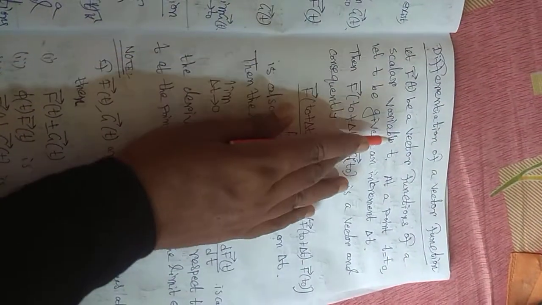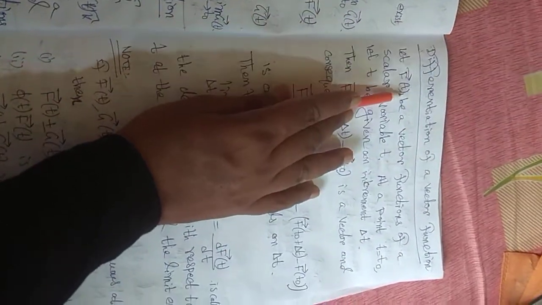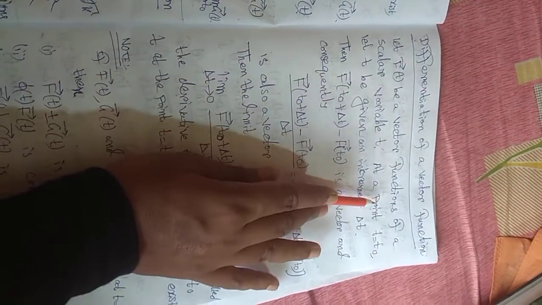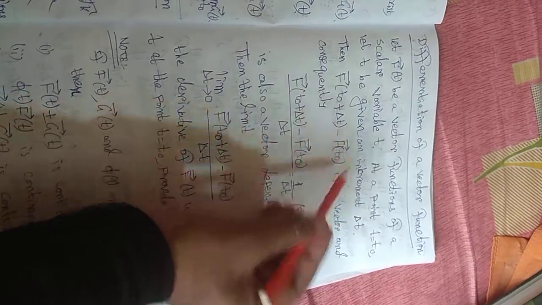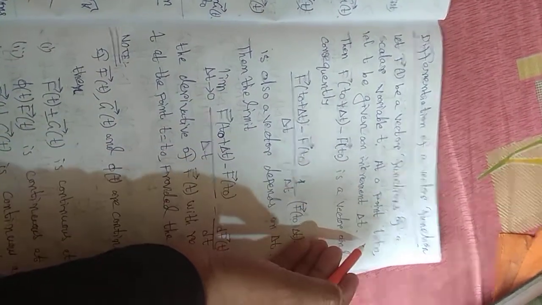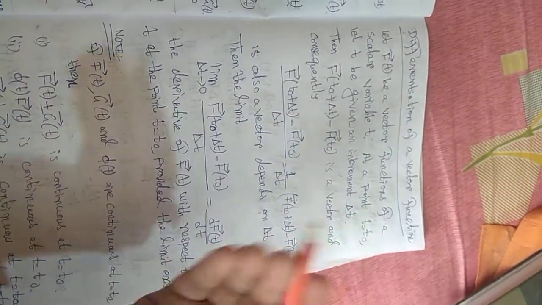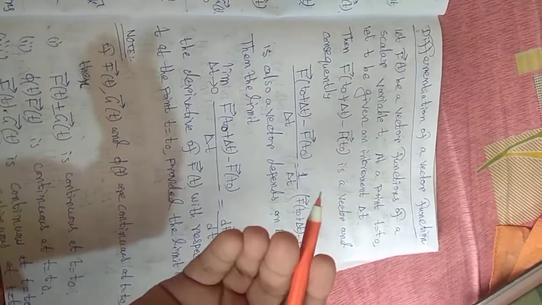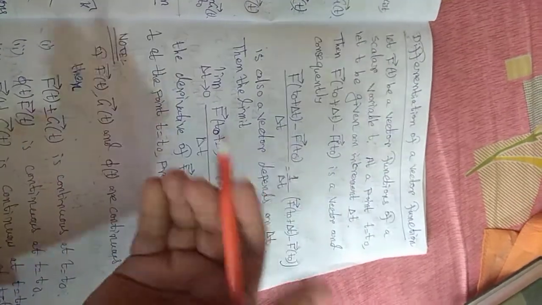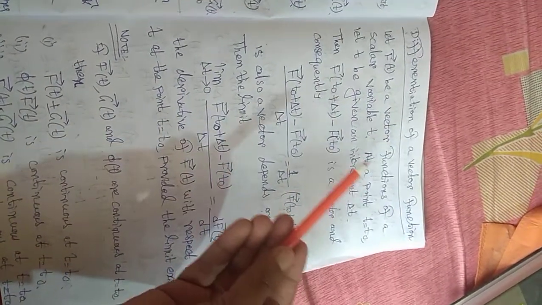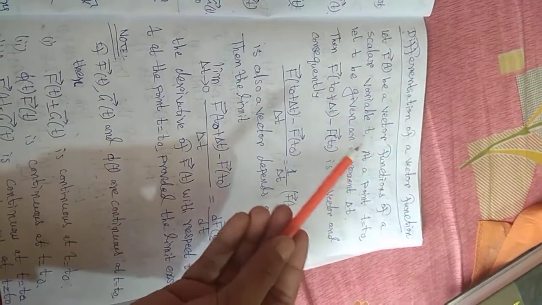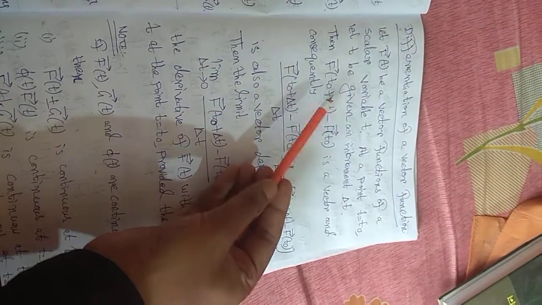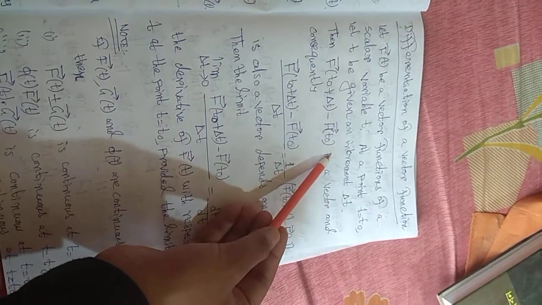Now, differentiation of a vector function. Let f(t) be a vector function of a scalar variable t. At a point t0, let t be given an increment del t, because we know that to define differentiation we need a small increment, which we earlier called h. Now we will call it del t.